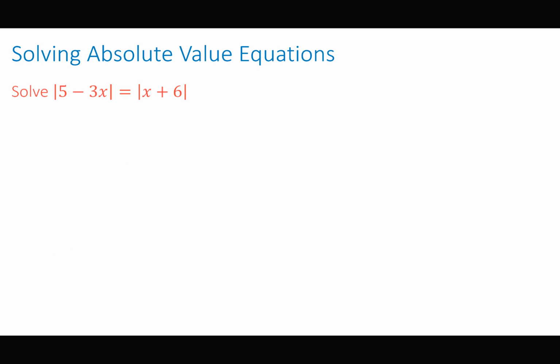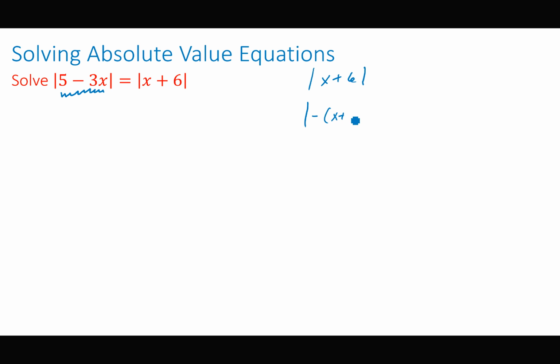Okay, let's do another one now with more absolute value bars. So again, I'm trying to make this 5 minus 3x be x plus 6, but also be a negative of x plus 6.